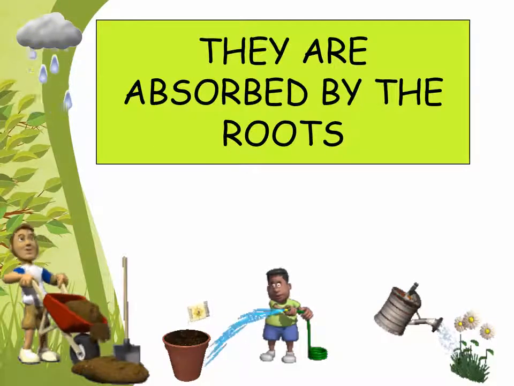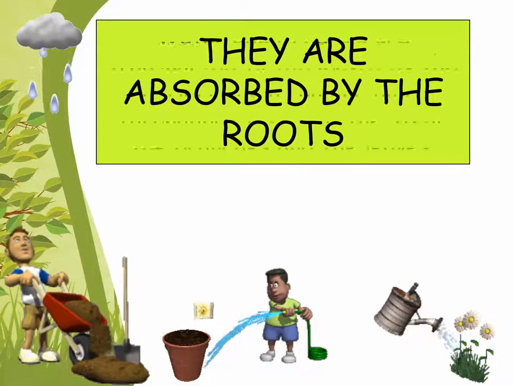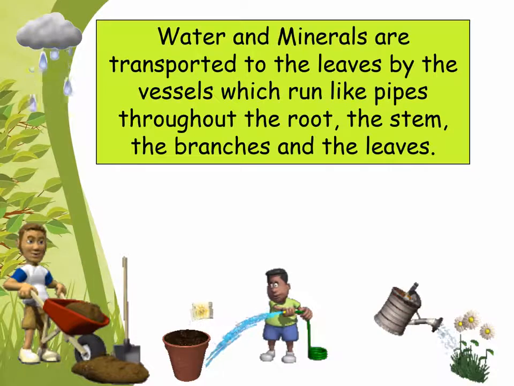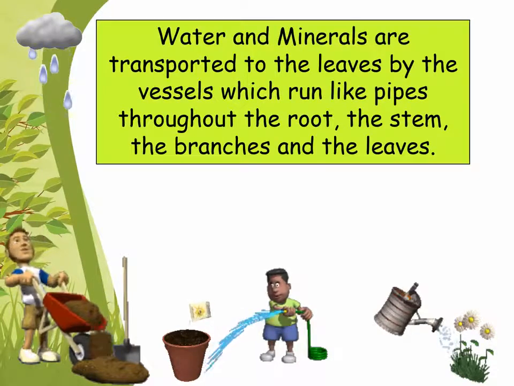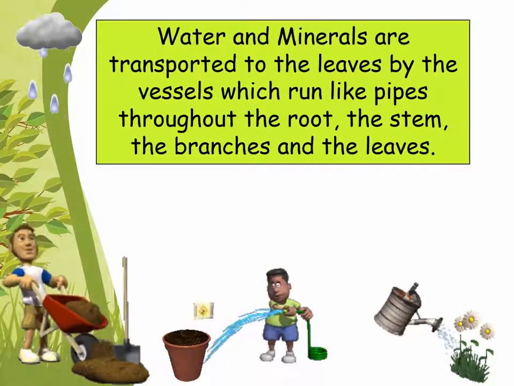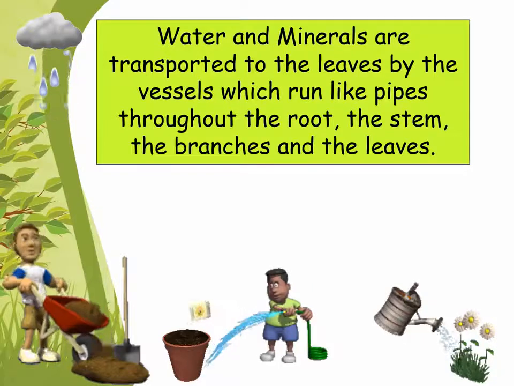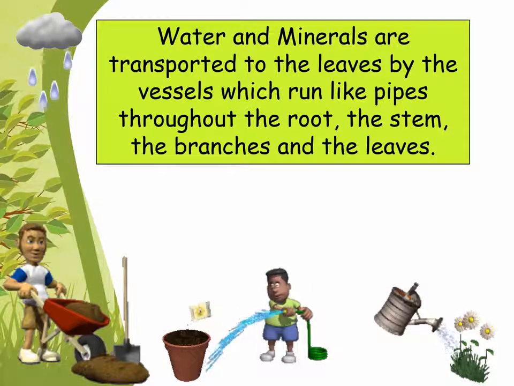They are absorbed by the roots of the plant. Water and minerals are transported to the leaves by the vessels which run like pipes throughout the root, the stem, the branches and the leaves.